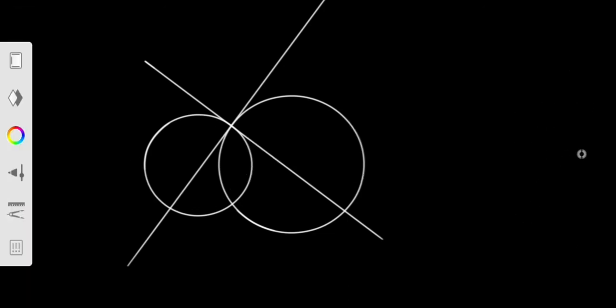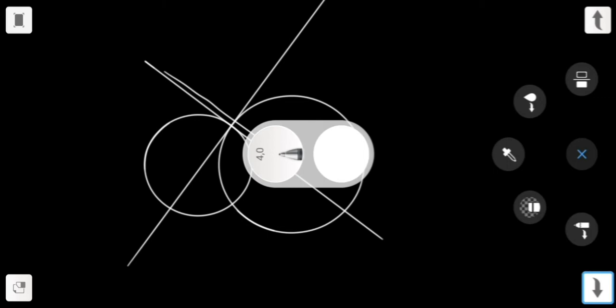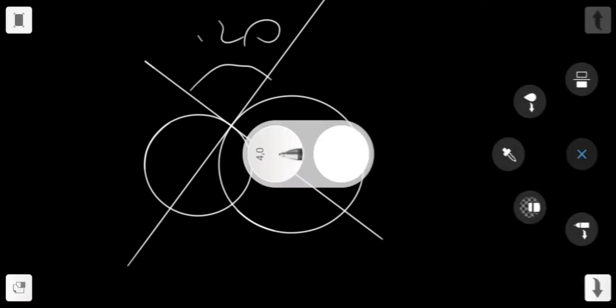You can understand this. So look, this line is only cutting this circle in one place, okay? So it is tangent to that circle, and this angle is the angle of 120 degrees, okay?